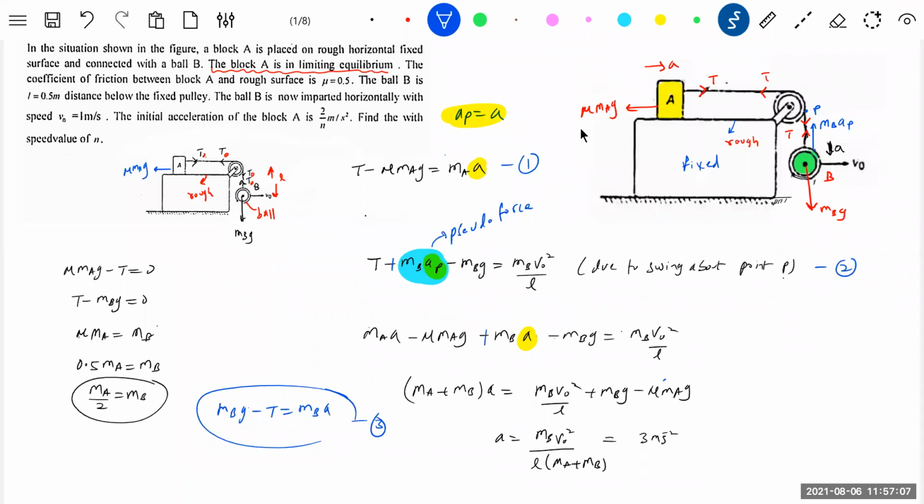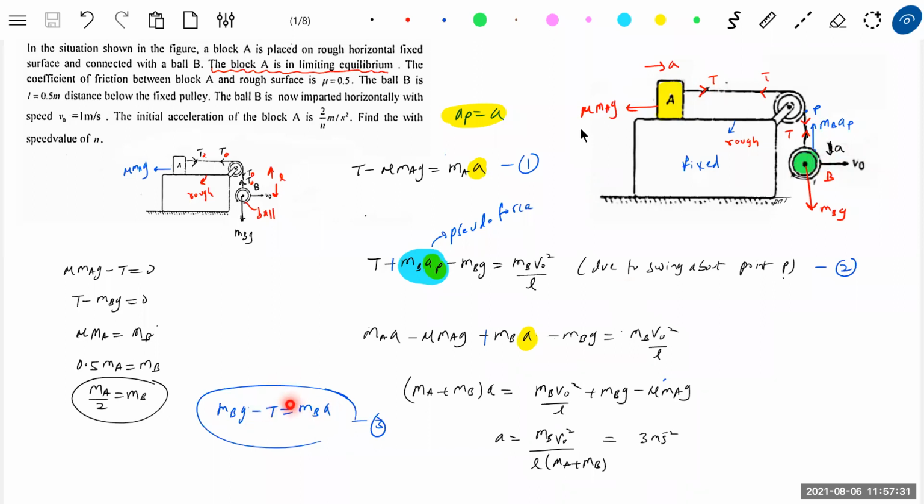At that instant ball B will try to swing. After some time it will move in a plane, swinging and also moving down. But at that instant we are discussing, it is only swinging about point P.